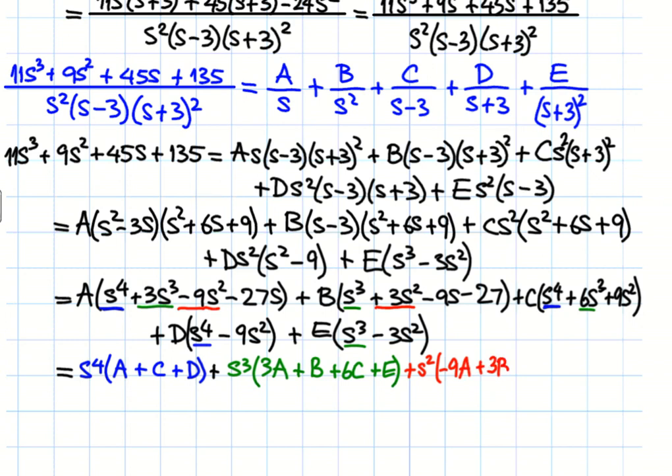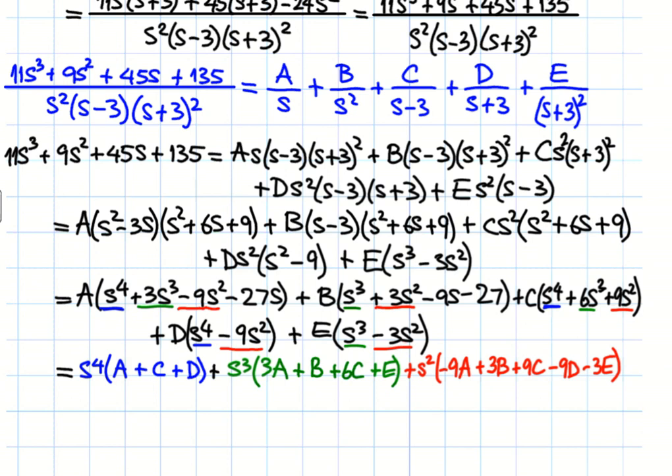For s squared, we have 9 s squared here, so that would be 9c. Negative 9 here for d, negative 9d. And then negative 3e. Let me check before we continue. Negative 9a, 3b, 9c, negative 9d, negative 3e. Right?